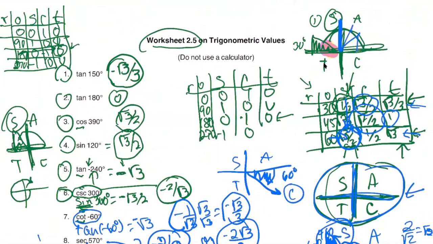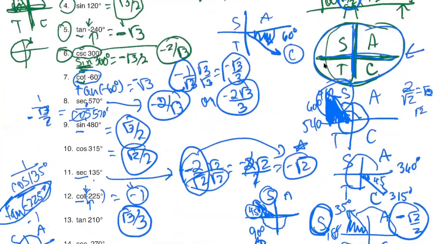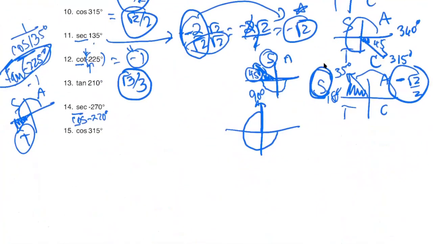You don't have an x coordinate by the time you get to 90. So of course the cosine of 90 is 0. Don't forget though, you're looking for secant. So we're at negative 270, which is coterminal with 90. The cosine of 90 is 0. But we've got to flip it over. And when you flip over 0, you get undefined. Don't write u, just write undefined.